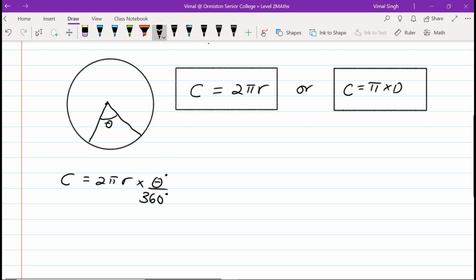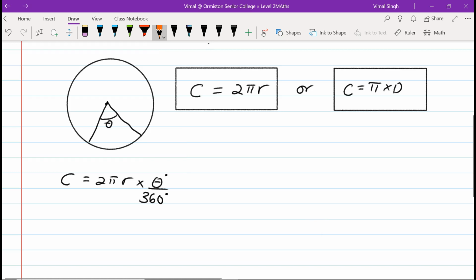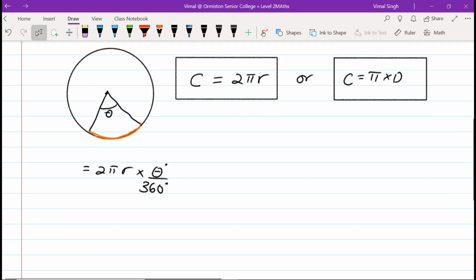Remember, the full circle is 360 degrees, so what we want is only a part of the circle, a part of the length of the circumference. I want this bit over here only. So that is giving us the arc length; actually I shouldn't be writing C, I should be writing arc length over here.